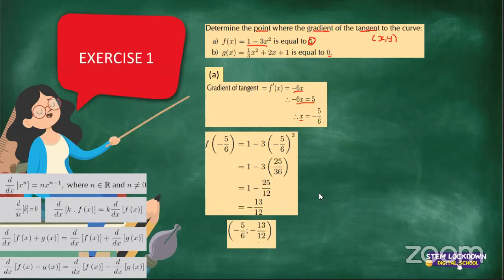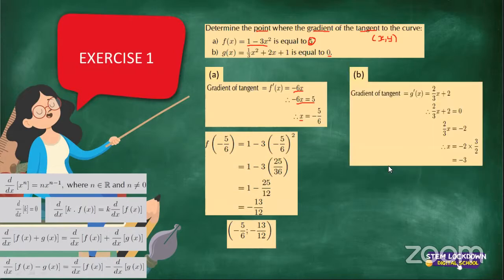So you can calculate your gradient. Okay, so same thing. So this is the gradient at any point on the curve. And then you equate it to the gradient at that specific point.